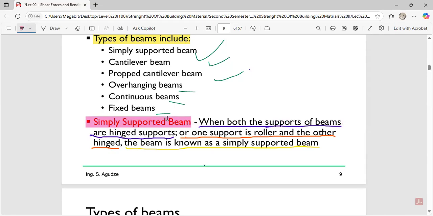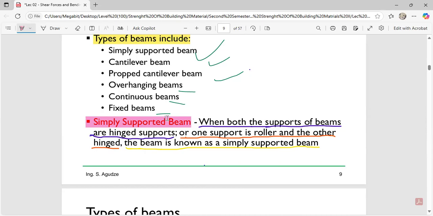When both supports of a beam are hinge supports, or one support is a roller and the other a hinge, the beam is known as a simply supported beam. So a simply supported beam is just a type of beam supported at both ends with hinges, or one hinge and one roller.